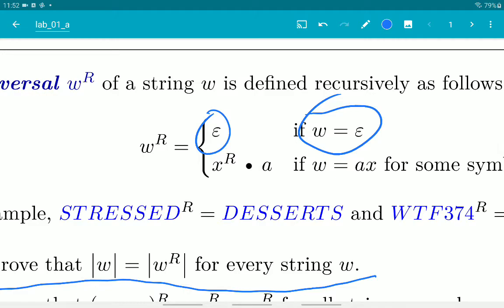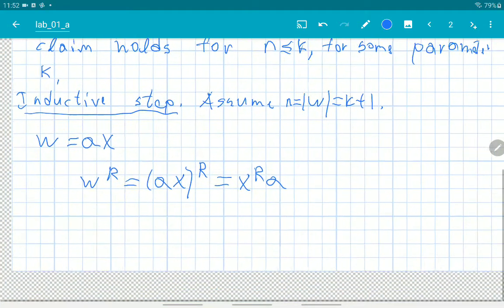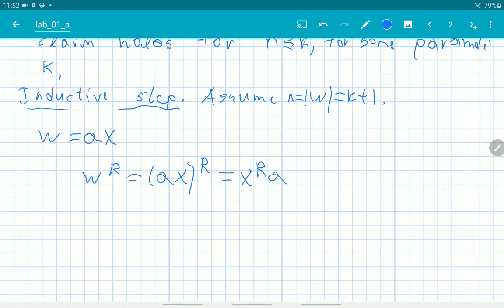The reverse operator in this case says that w^R is just equal to x^R of a. So let's just copy this: x^R a.